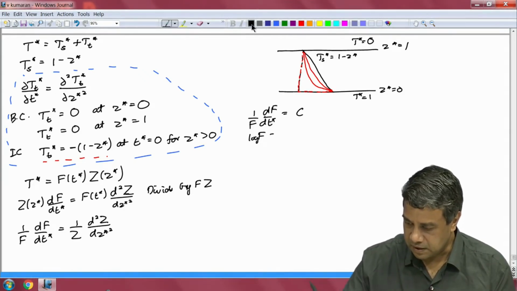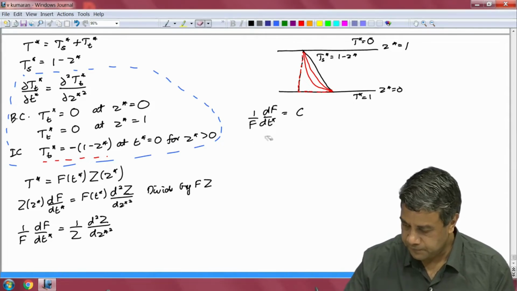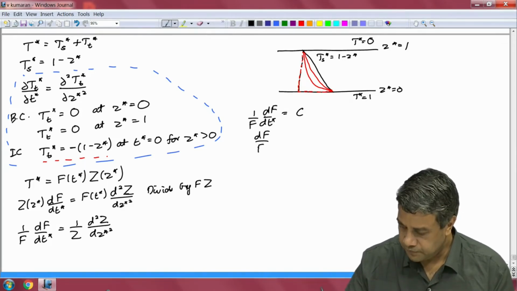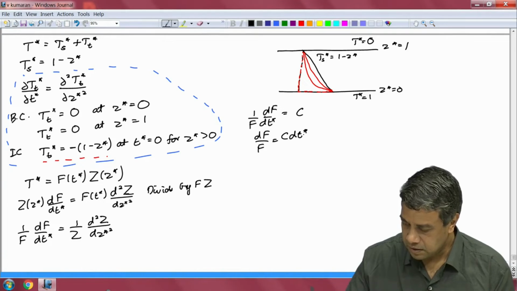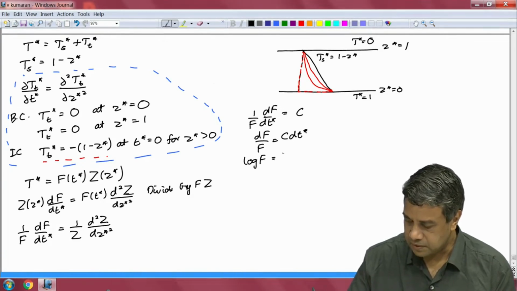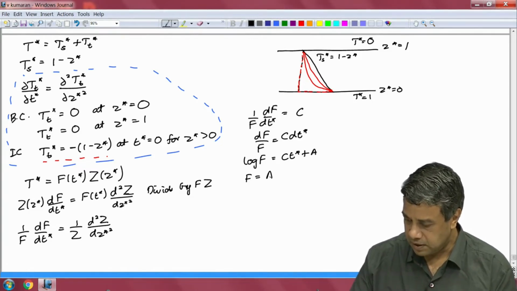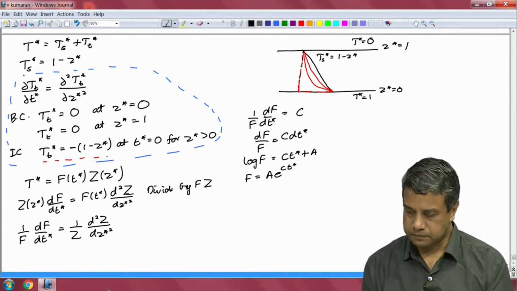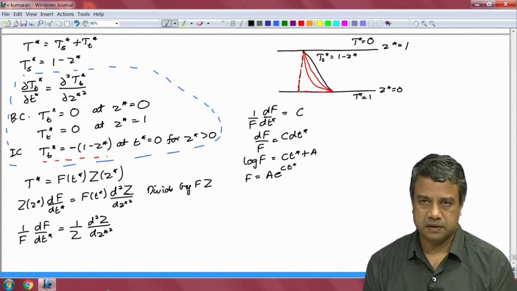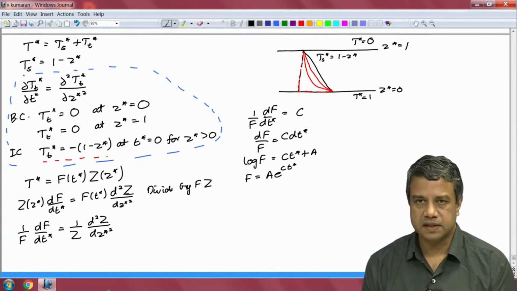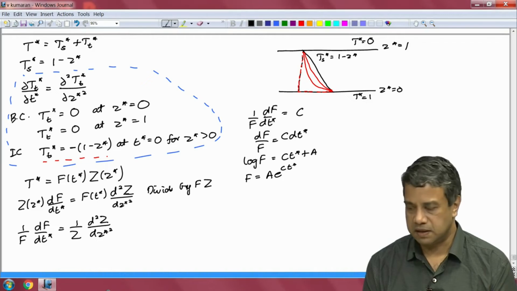If I take dt to the right side, I will get df by f equals c dt star, which means that log of f is equal to c times t star plus a constant, so f is equal to a e power c t star. This is an exponential function, exponentially increasing if c is positive, exponentially decreasing if c is negative.